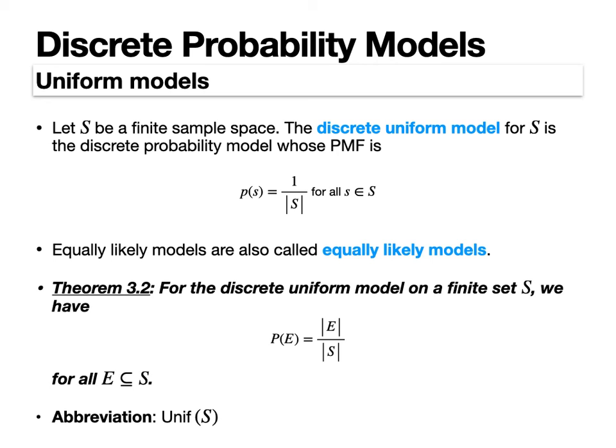If you have an equally likely sample space, a discrete uniform model, then the probability of any event is just the cardinality of that event divided by the total cardinality of the sample space. And we'll use this abbreviation for a discrete uniform model on a sample space S: just uniform on S.